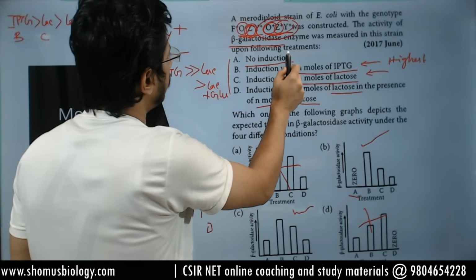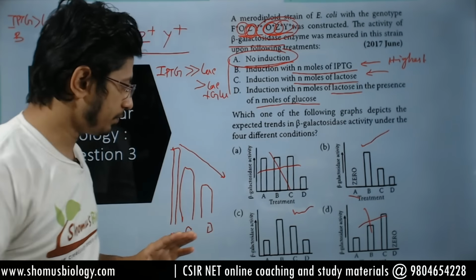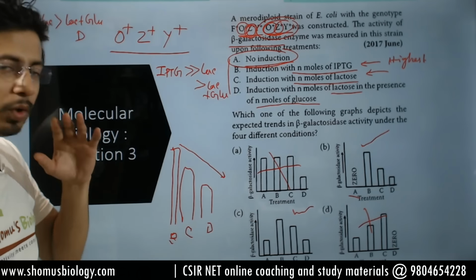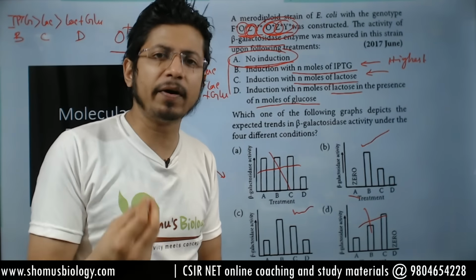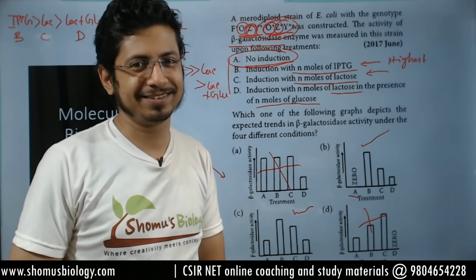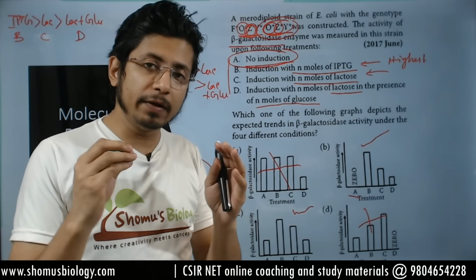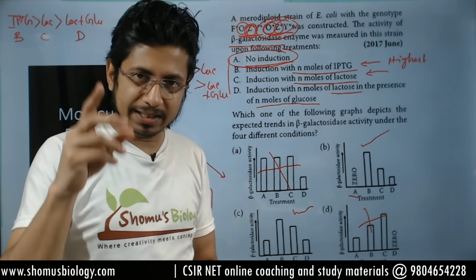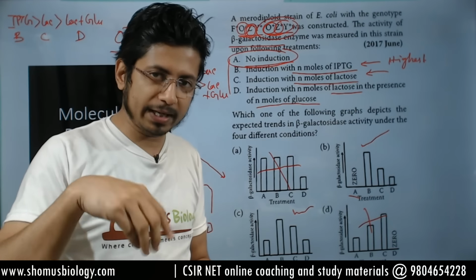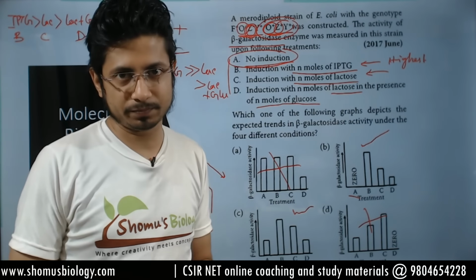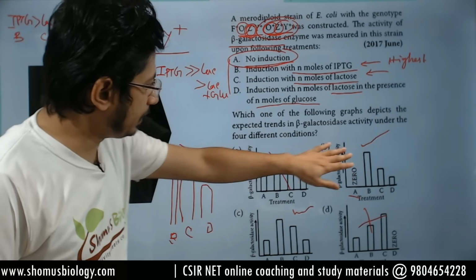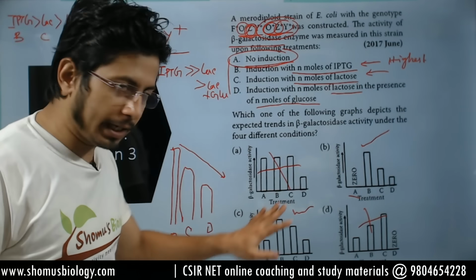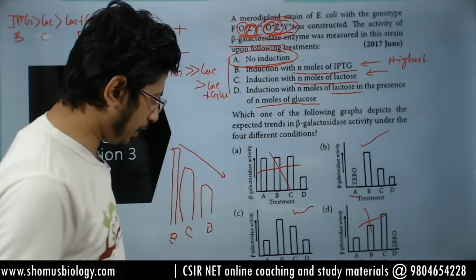The first one is no induction, we did not induce at all. So if we don't induce, can't we find any beta galactosidase expression? The answer is yes. Even though we don't induce, there are still leaky expressions where the beta galactosidase will be produced. So between these two, yes, a little bit of production is there.